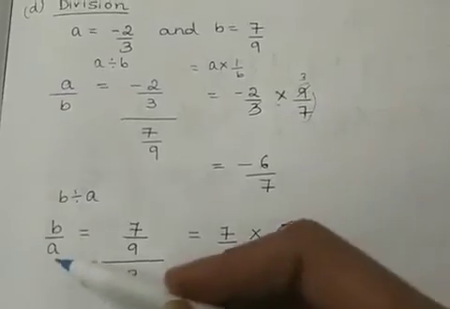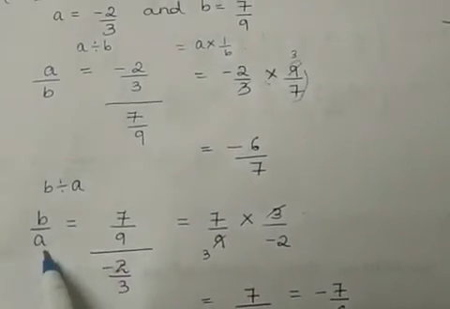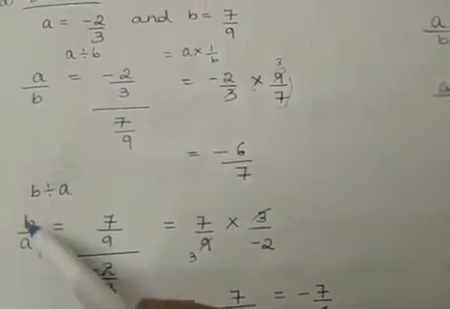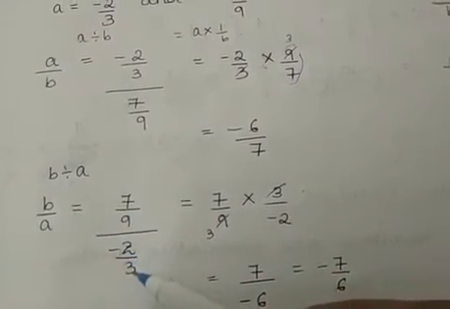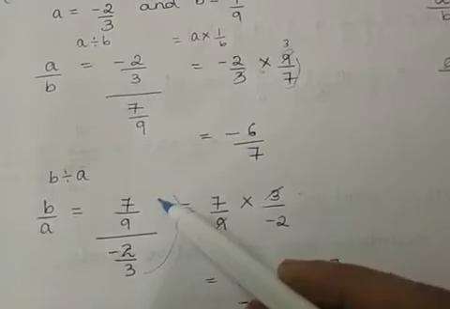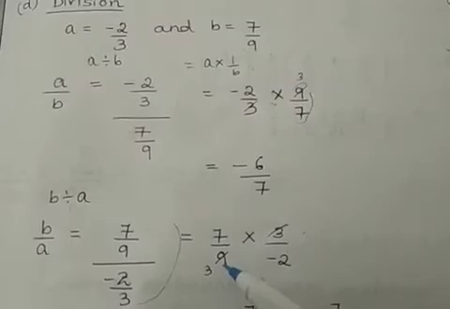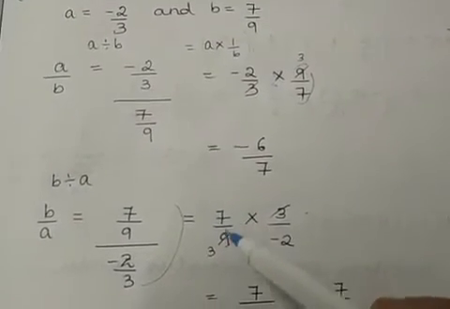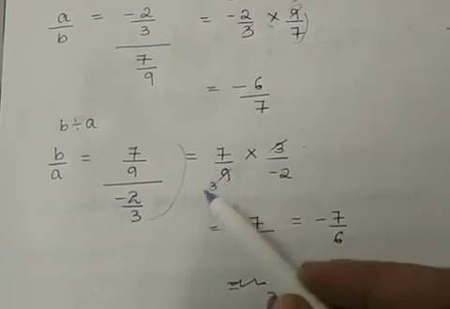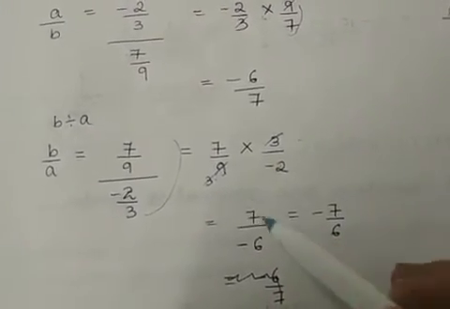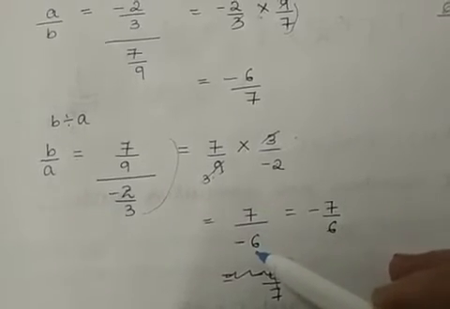If you find it difficult, you can write it as 7 upon 9 upon minus 2 upon 3, so this goes on top. So this will be 7 upon 9 multiplied by 3 upon minus 2. Again you can cancel and you get 7 upon minus 6.